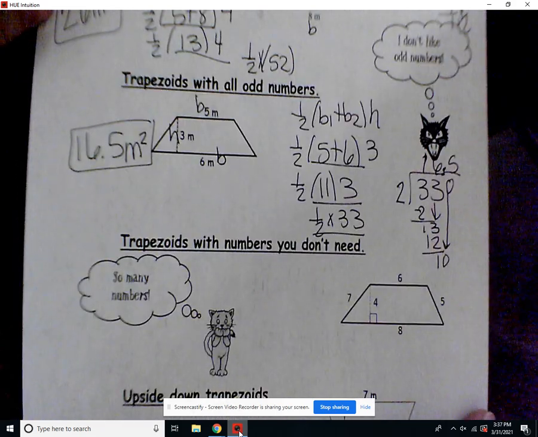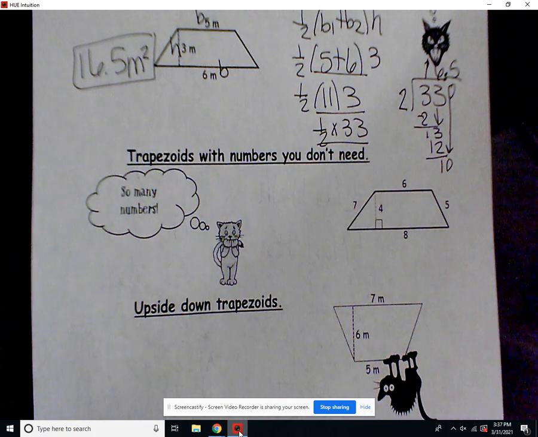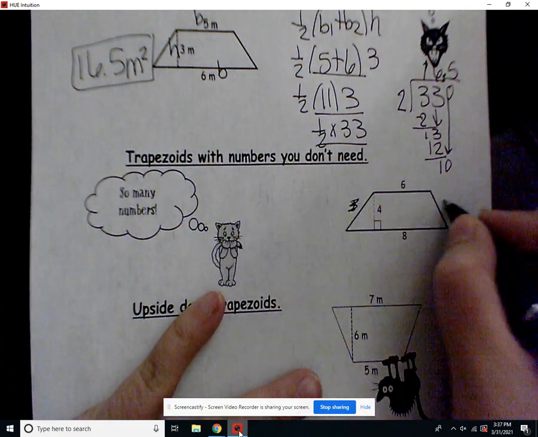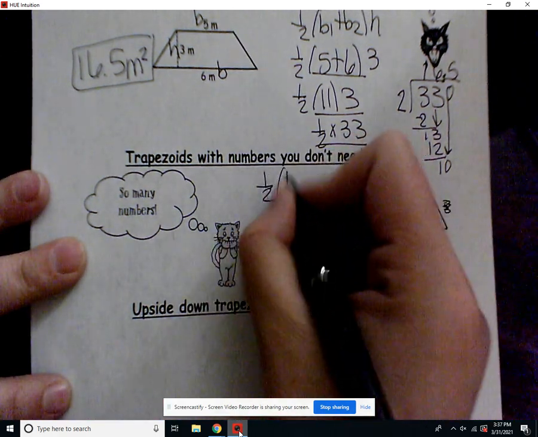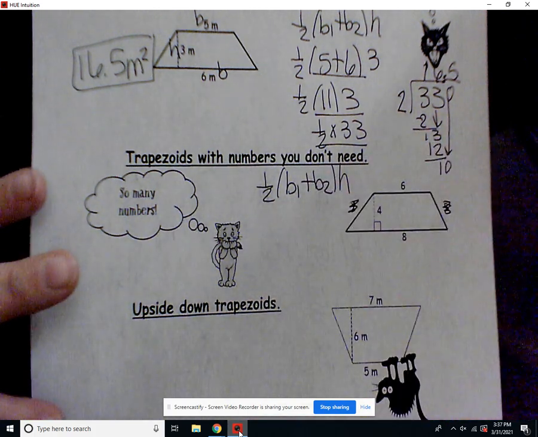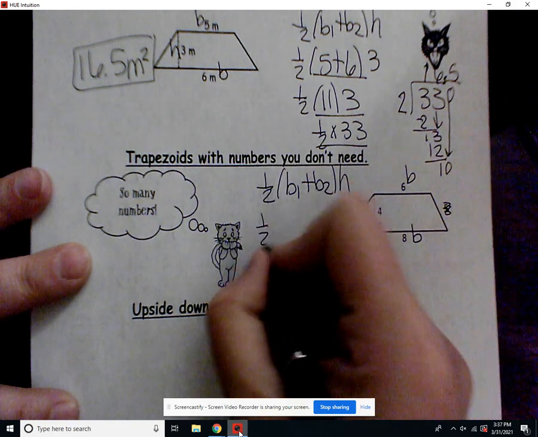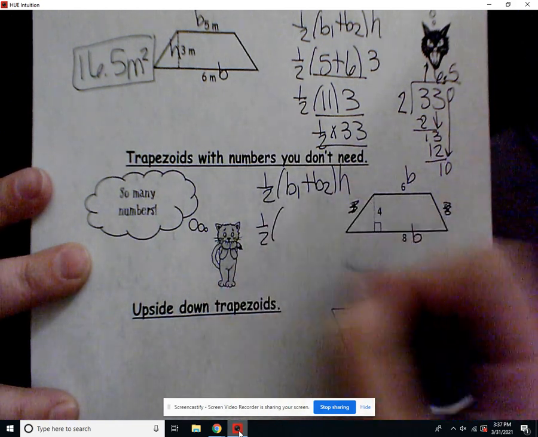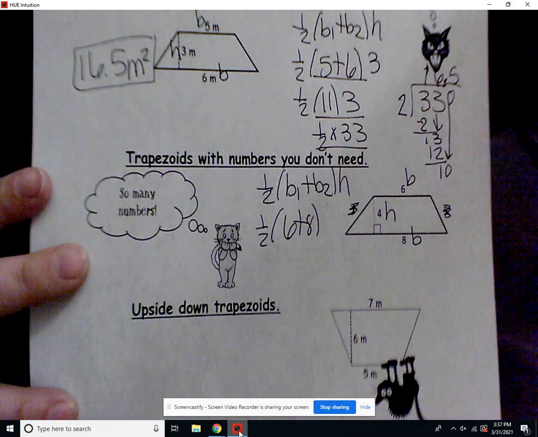All right, so trapezoid with numbers we don't need. So again, if you see a number on the slant, mark it out. So we're going to mark out 7 and 5. So we have 1/2 (base 1 plus base 2) times our height. Bases are on top and bottom. So for our bases, we have 6 and 8. Height is 4.